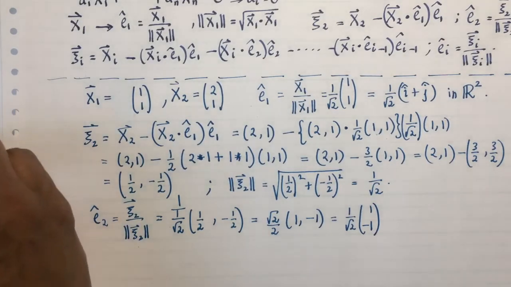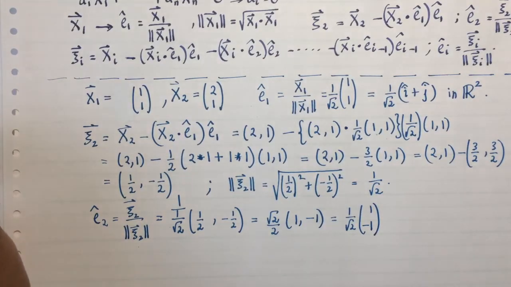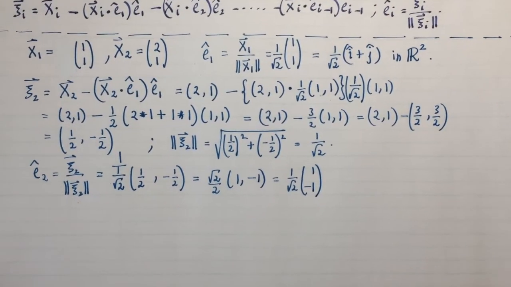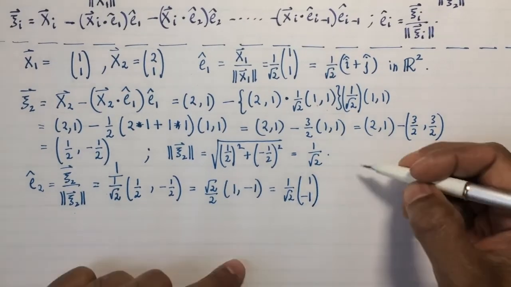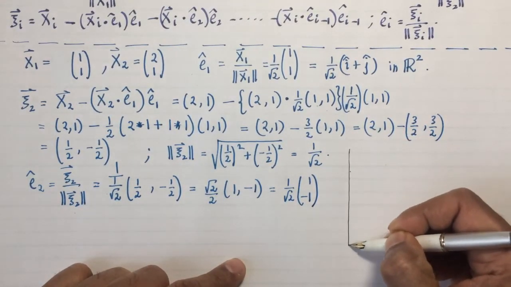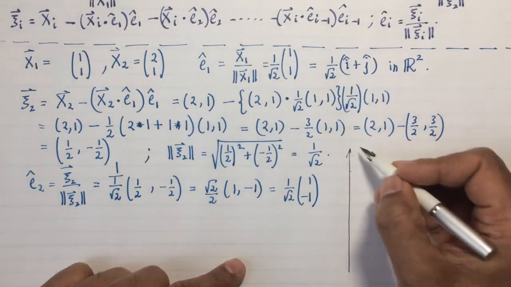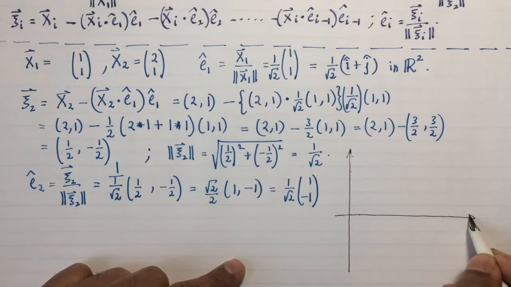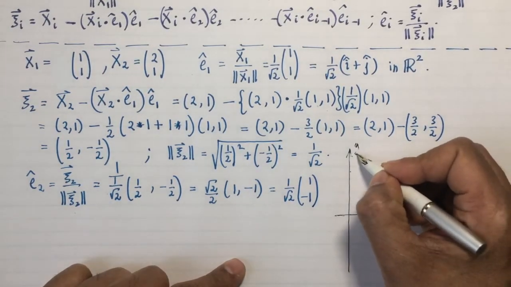Let's geometrically see what's going on here. I would like to show some interesting features which can be observed if you look at the geometry of this entire process. Let's go to the two-dimensional plane. Fortunately, these vectors are in the first and the fourth quadrant, so I don't have to draw the remaining R2. So this is the x-axis and that's the y-axis.